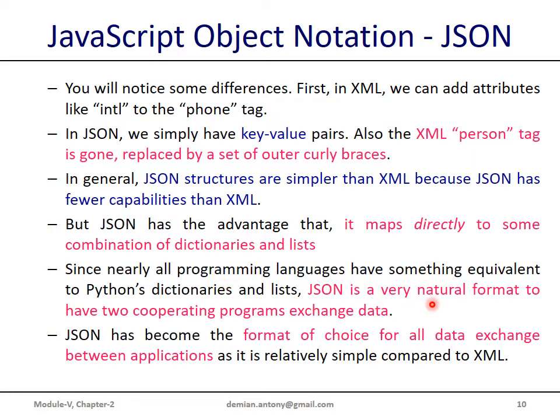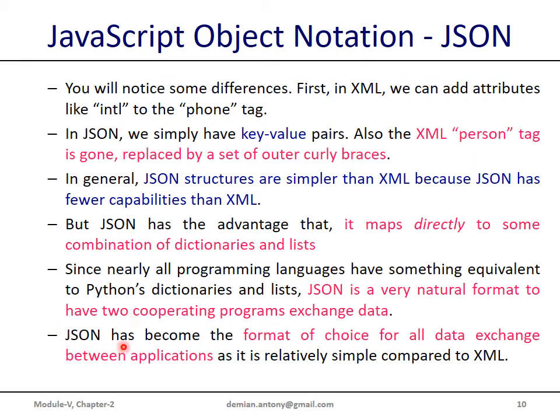JSON becomes a natural format to have two cooperating programs exchanging the data in the form of JSON, because the language has the capability of dictionaries and lists, which directly import the JSON data without much programming or code to parse the JSON.